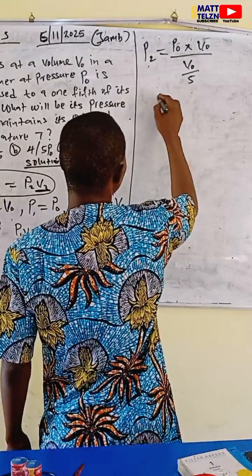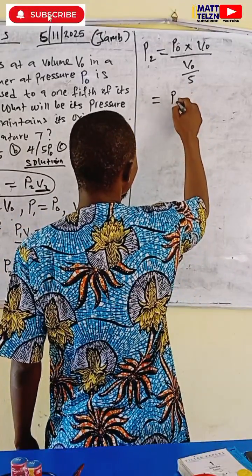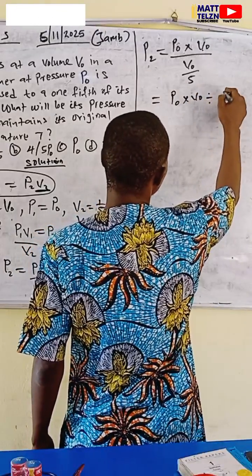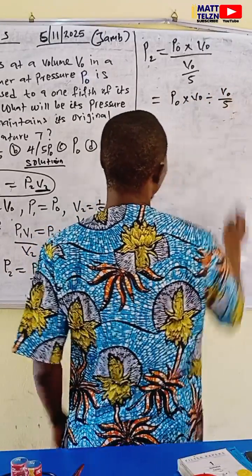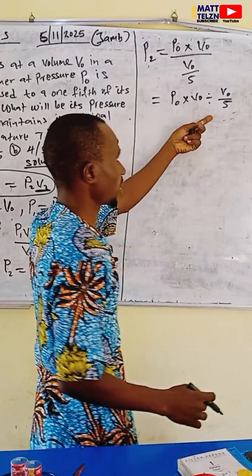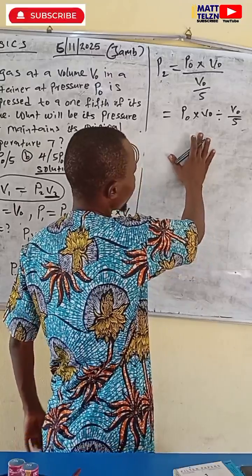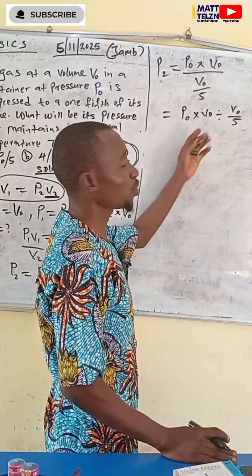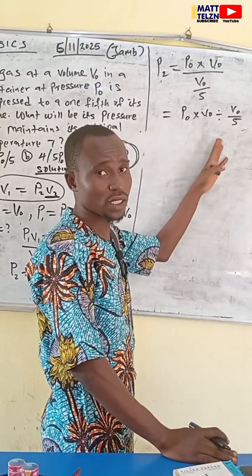Now this thing is written as the same thing as this, divide by V naught over 5. So we are going to apply the principle of dividing a whole number by a fraction.